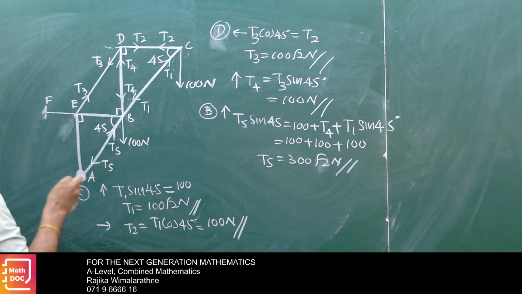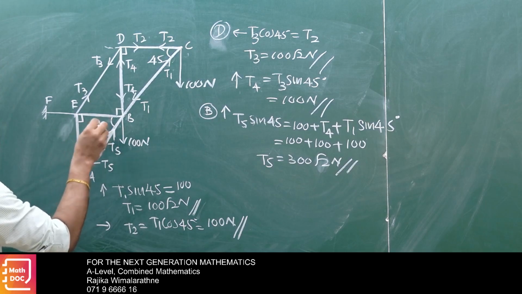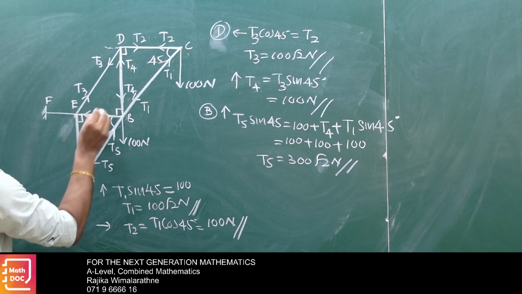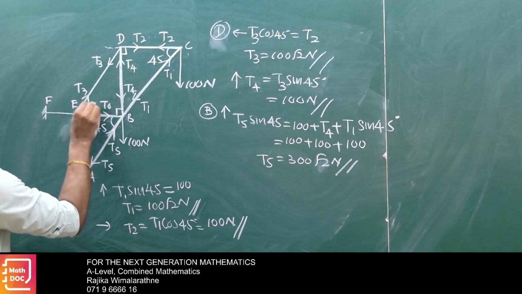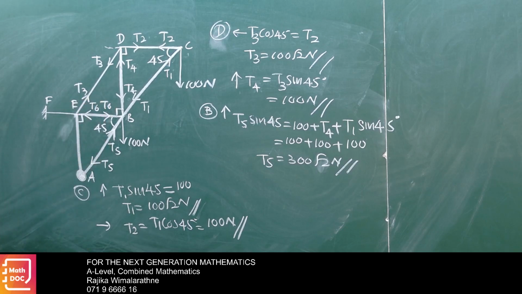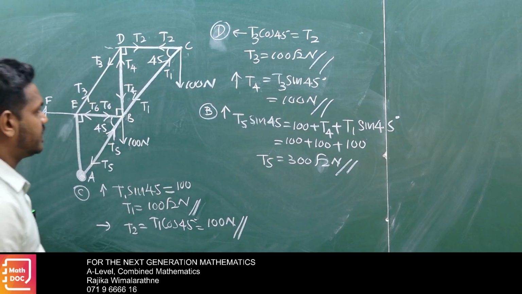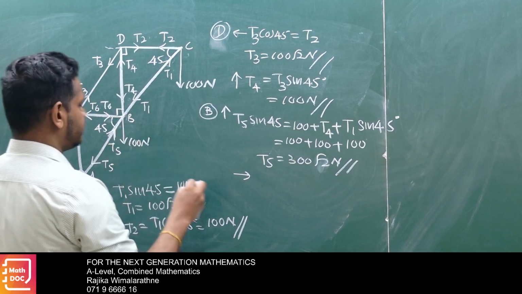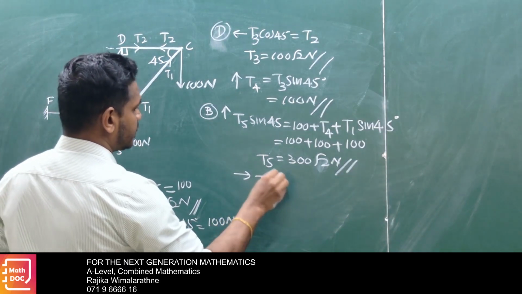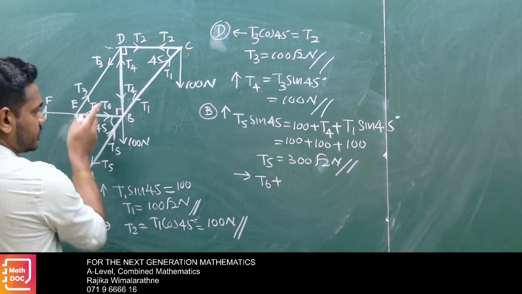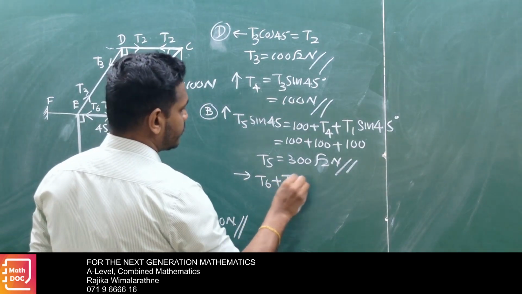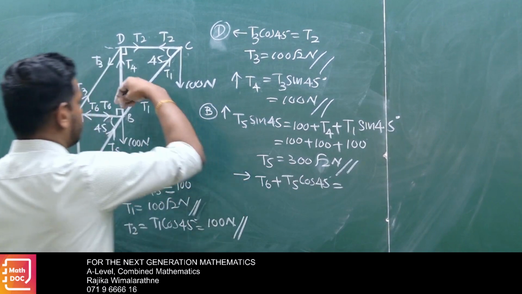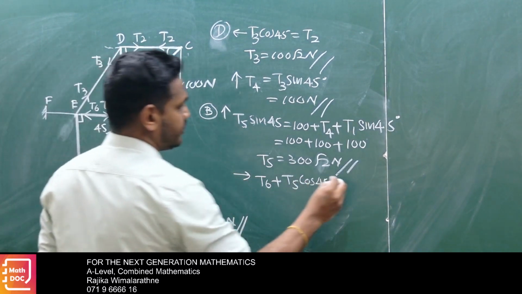Then here it is somewhat difficult to identify the direction. You just mark it. T6. Then go to vertex B, horizontal component. T6 plus T5 cos 45 equal T1 sin 45.